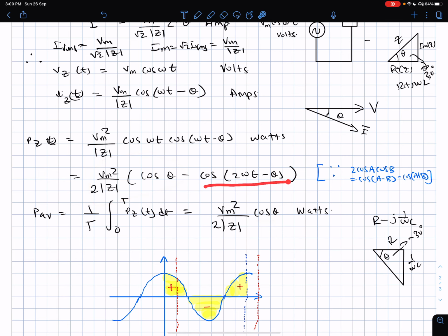The second term is averaged from 0 to T, and 2 omega t has a time period of T by 2, so it is like averaging over two cycles with a scaling factor of 1 by T, and that number is going to turn out to be 0.